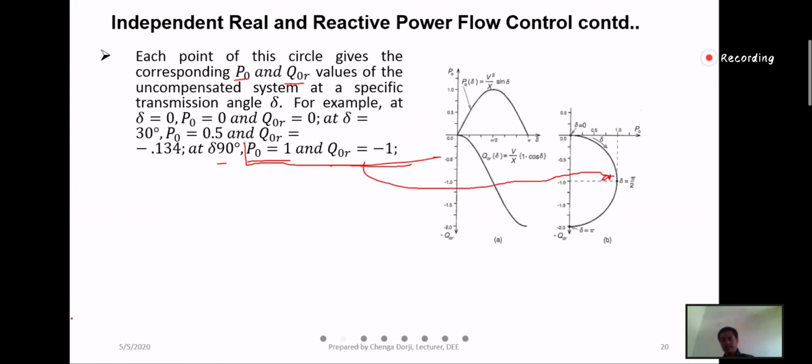Okay, so this circle gives when del is equal to 0, PO is 0, QO is also 0. When del is 30, PO is 0.5, whereas QO is minus 0.134. So slowly it is coming and then it will increase. This is what it actually means.